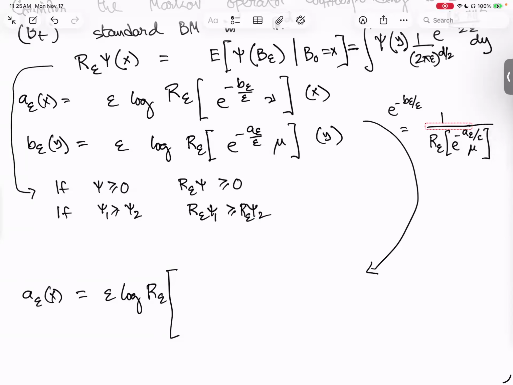And so if I substitute this back here, I get epsilon log R epsilon of nu divided by R epsilon of e to the power minus a epsilon over epsilon times mu.